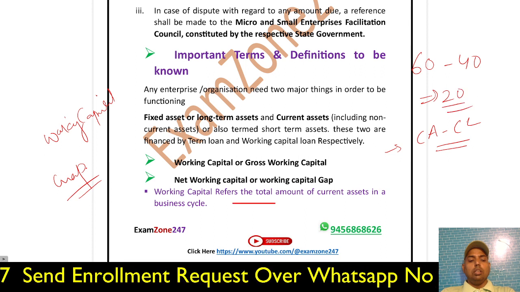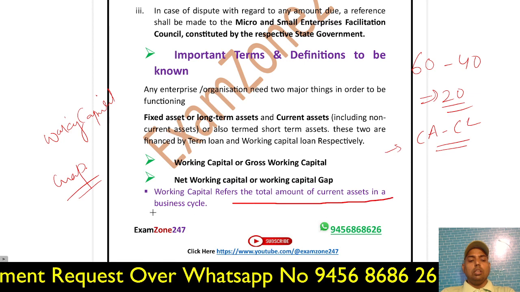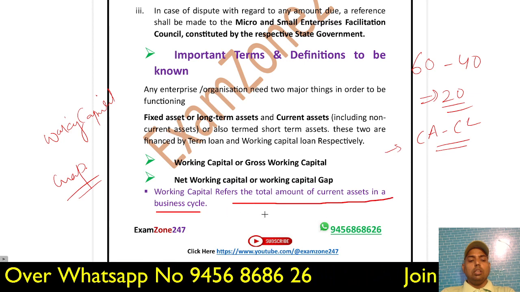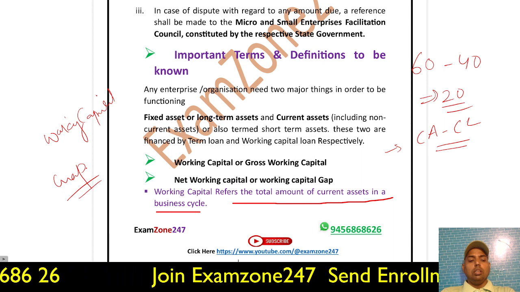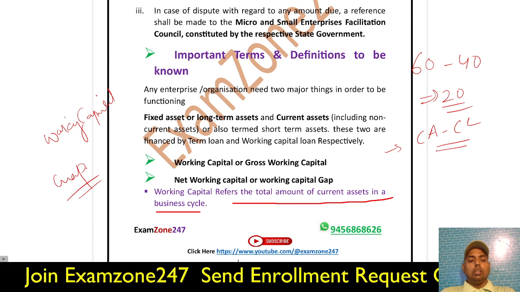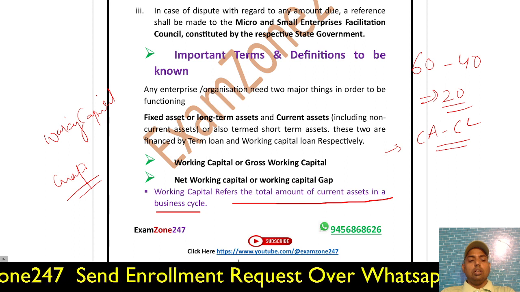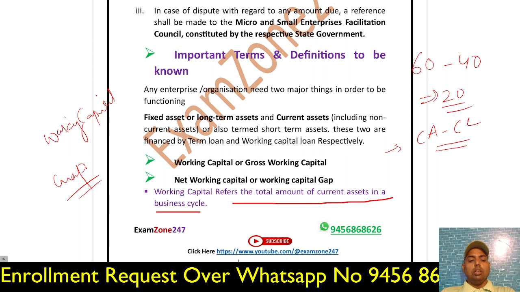Working capital refers to the total amount of current assets in a business cycle. What is the business cycle? Business cycle means when the manufacturing process starts, the beginning of the process, and at the last it ends in a sale.